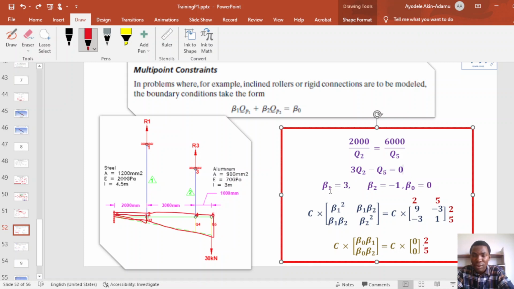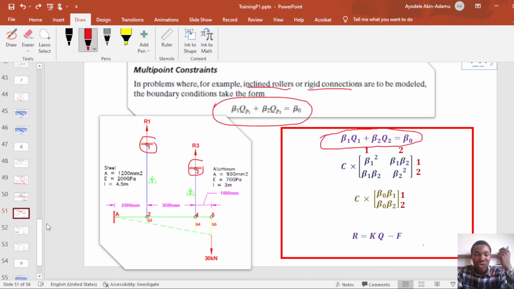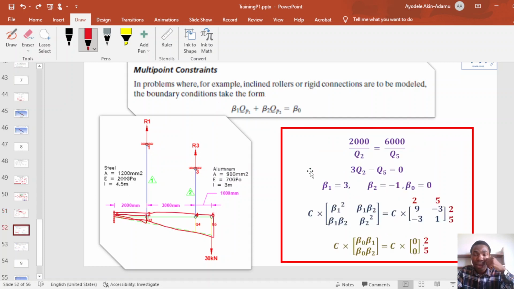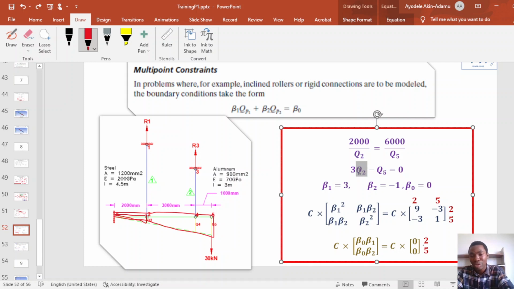So from here you can define your beta 1, beta 2, and beta 0. Beta 1 is 3. Q2 is representing Q1 in our formula. In this formula, Q2 is our boundary condition without load, so this 3 is our beta 1.